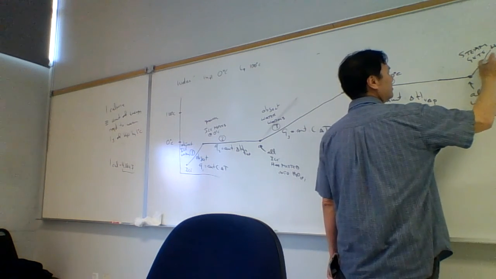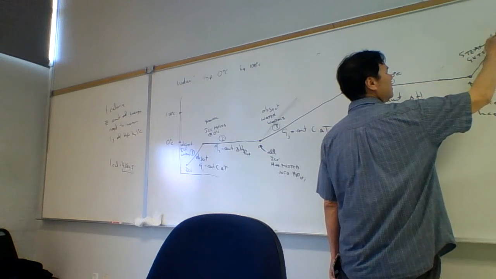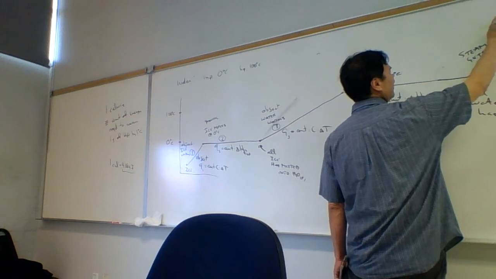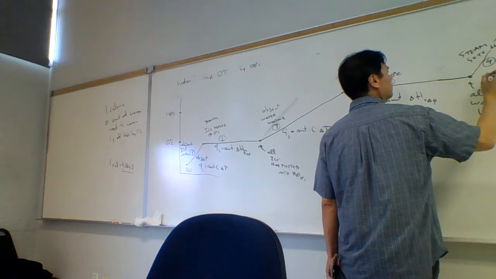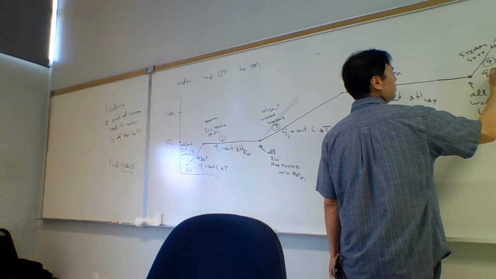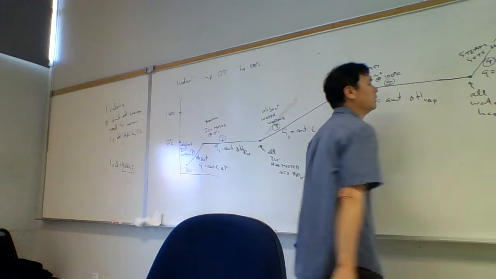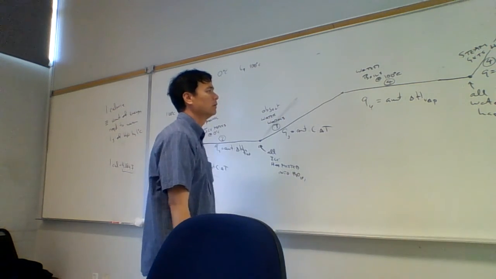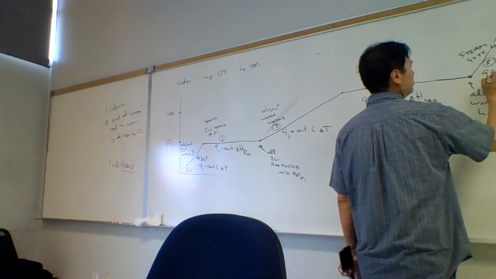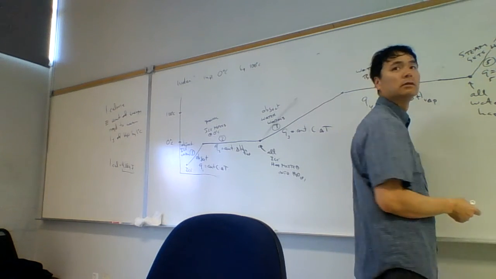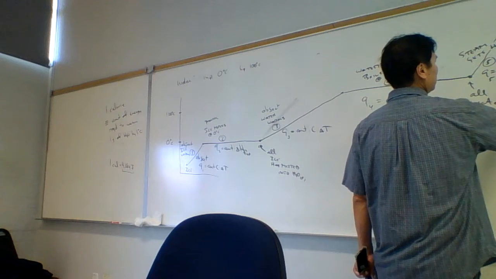Steam gets hotter. This is step 5. So we could have superheated steam, you know, as high as the temperatures we want. Continue heating it up. So Q for this is equal to the amount times what? This is Q5, sorry. Q5 is equal to amount times C times delta T.